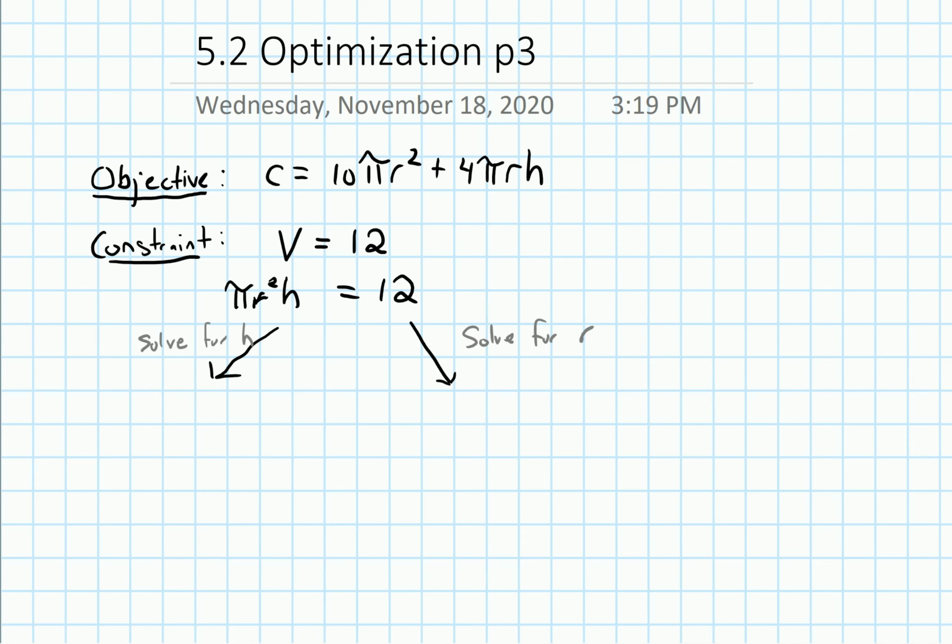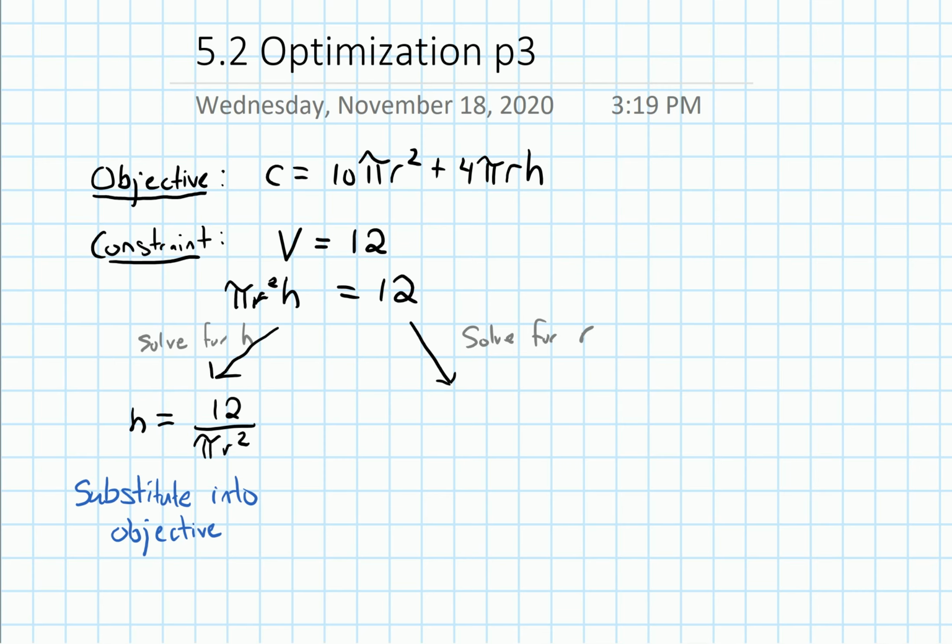If we solve for h, if we get it by itself, we'll get h equals 12 over pi r squared. And now we would substitute this into the objective.